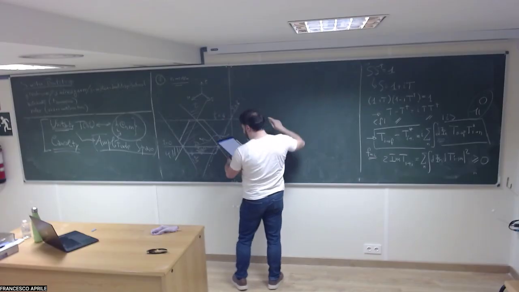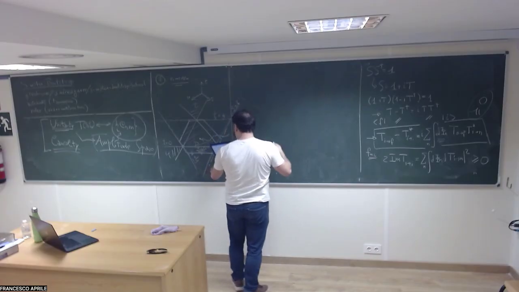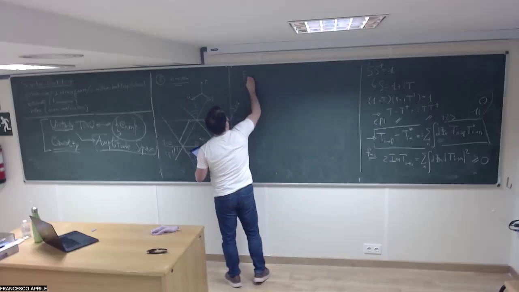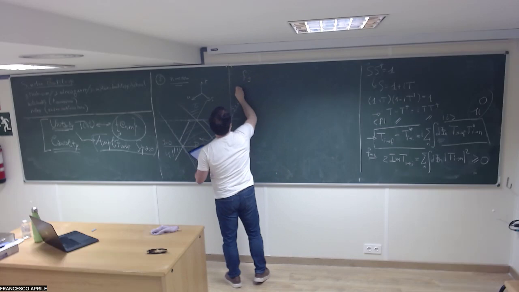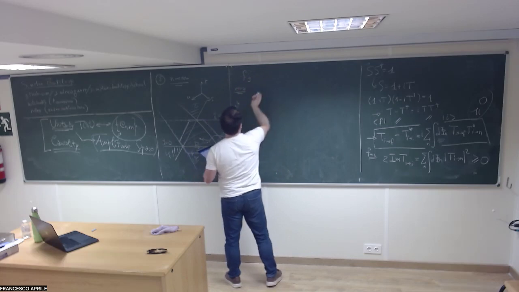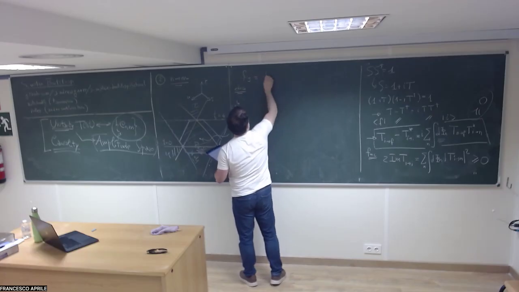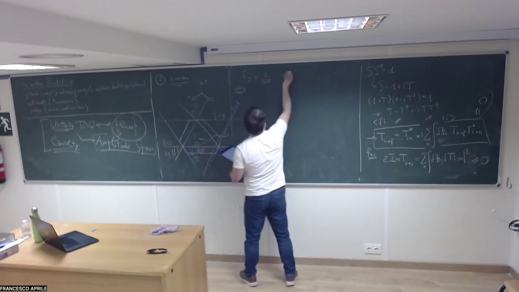I will not make this story too long. Since we are in d equals 4, let me use 4 dimensions. The partial waves are just defined by integrating with respect to the Legendre polynomial.